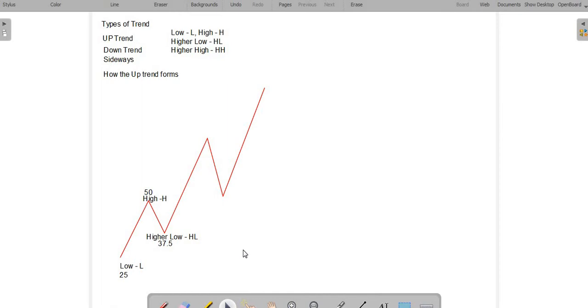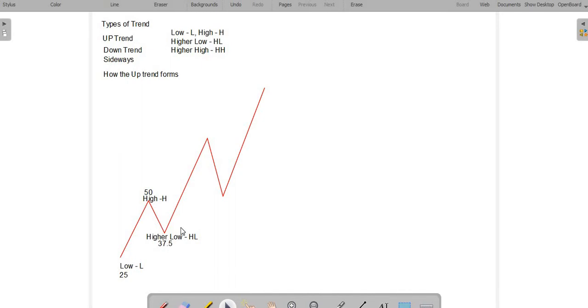Why is it a higher low? This is an uptrend. The low of the trend is 25, and the recent high of the trend is 50. From 50 the market comes down for the correction to 37.5.